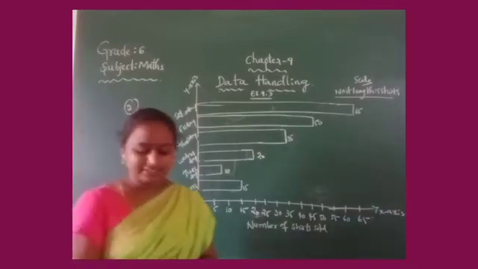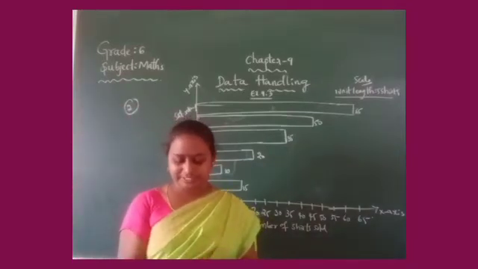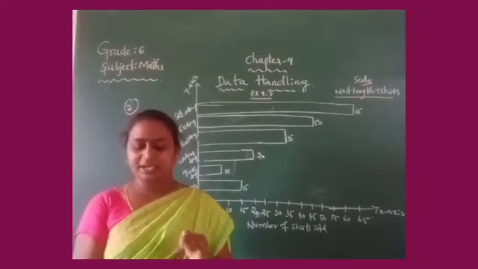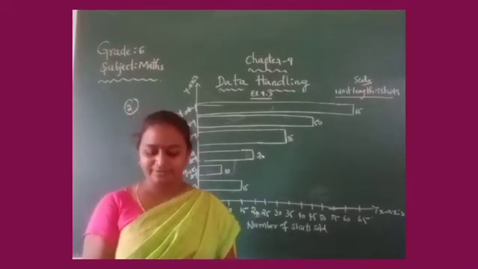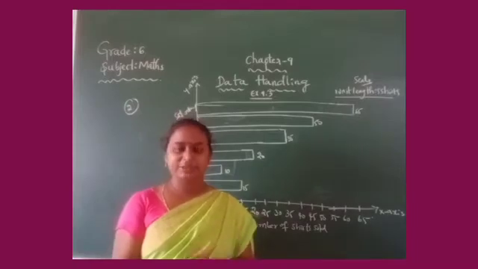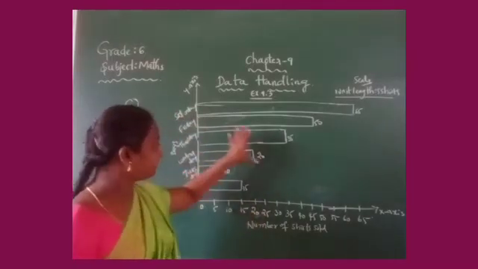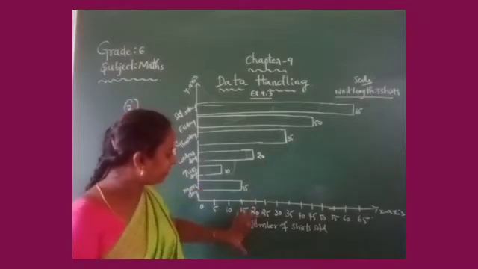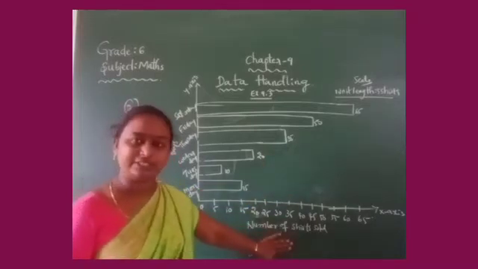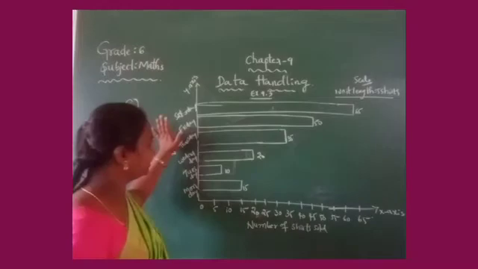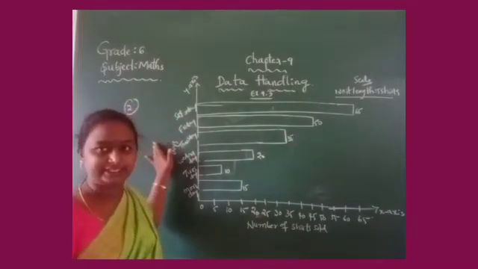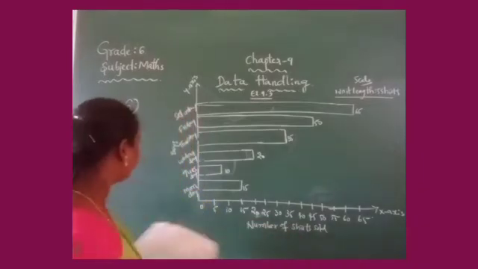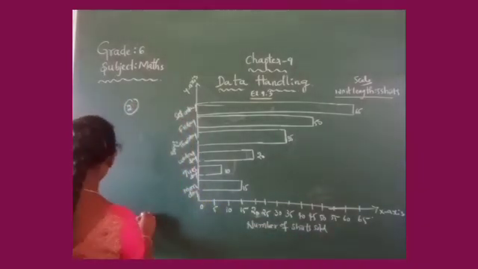Next, answer the following questions. First one: what information does the above bar graph have? Which information is this bar graph giving? It is giving the information about the number of shirts sold on different days. Now we have to write that answer.